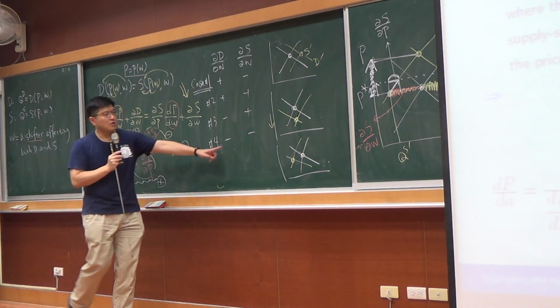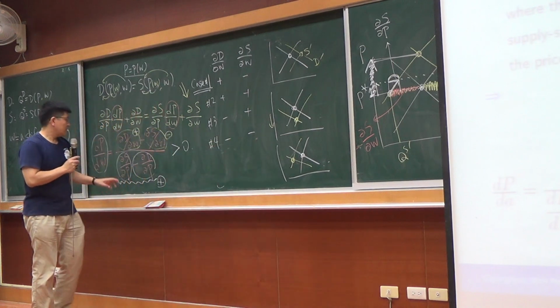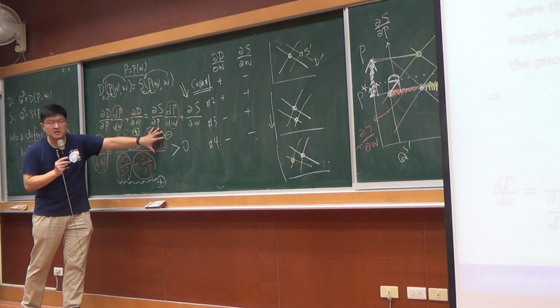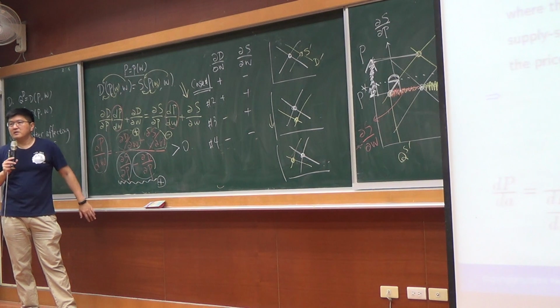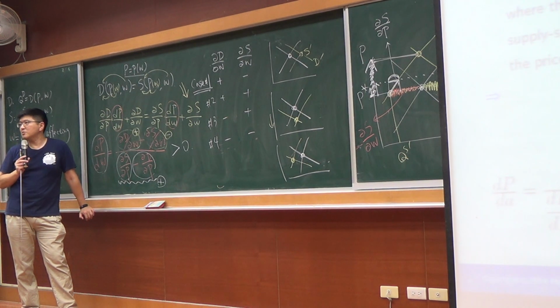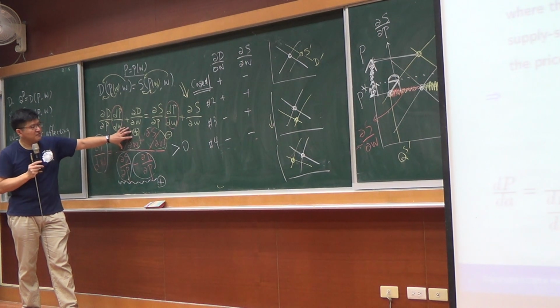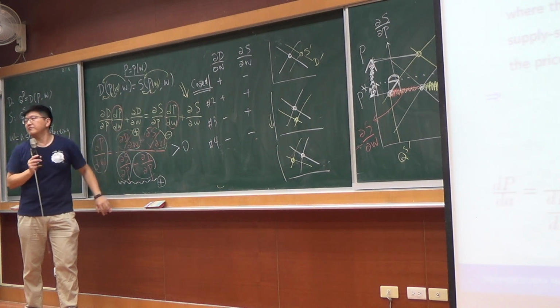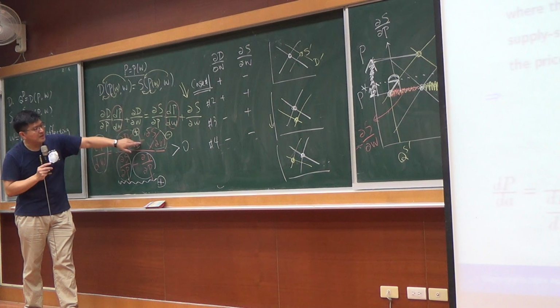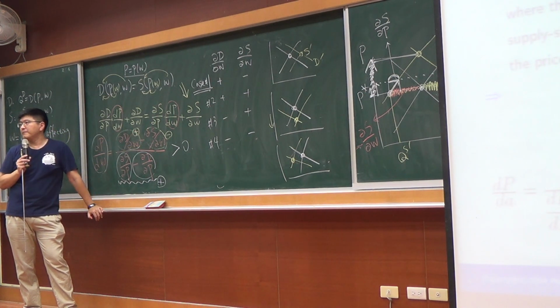And case number 4, negative minus negative. Ambiguous, right? We cannot be sure. What about a small negative minus a big negative? It would be positive, right?